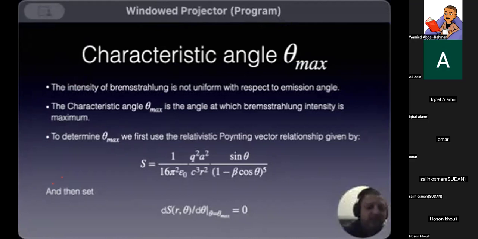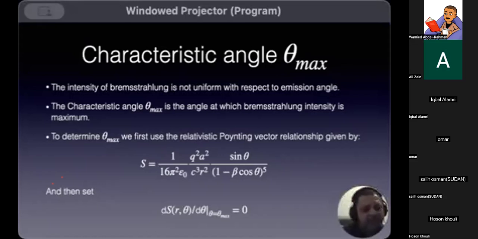To determine this theta max, we first use the Poynting vector, but we're going to use the relativistic form of this. It is given by this equation, which we all fully understand. But the point is, we want to see where this maximum is. It's very simple. We're going to differentiate this with respect to theta and equate the value to 0.